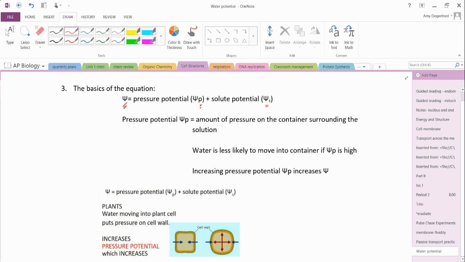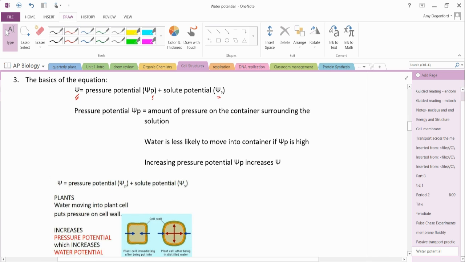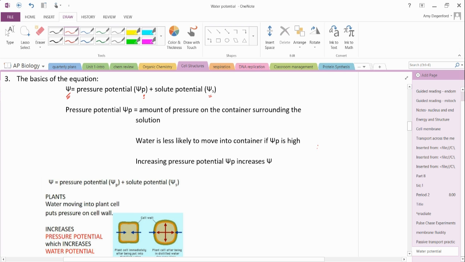What you can think about is that water is less likely to move in the container if the pressure potential is high. A quick idea of this is if you have an area that has a lot of water, it's going to be pushing back. Imagine a plant cell.